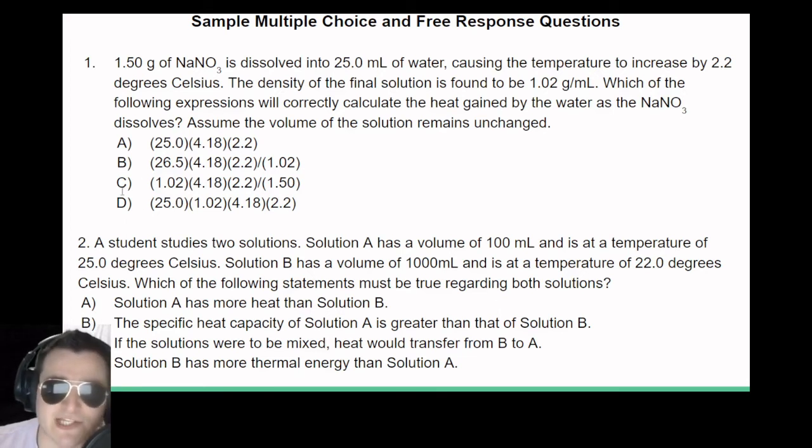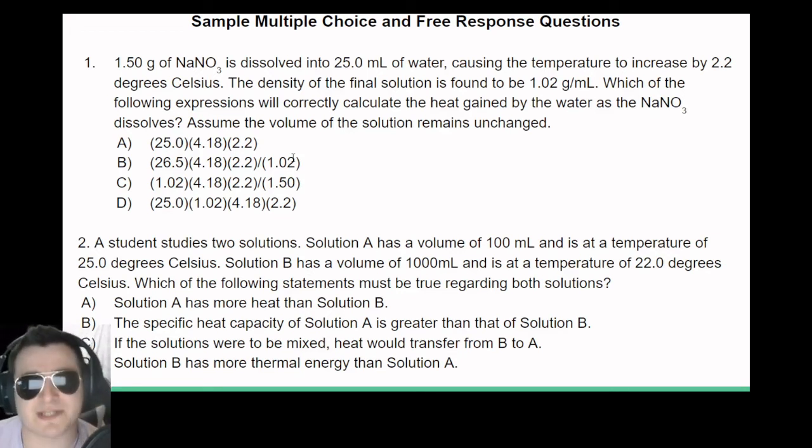If you look at B and C, they don't really make sense if you think about it. Randomly dividing by the mass of the ionic compound doesn't make sense. There's no equation that we have that does that. And then dividing by 1.02 might be a decent choice to look at here, but then you think about what the density equation is, and it doesn't make sense, right?